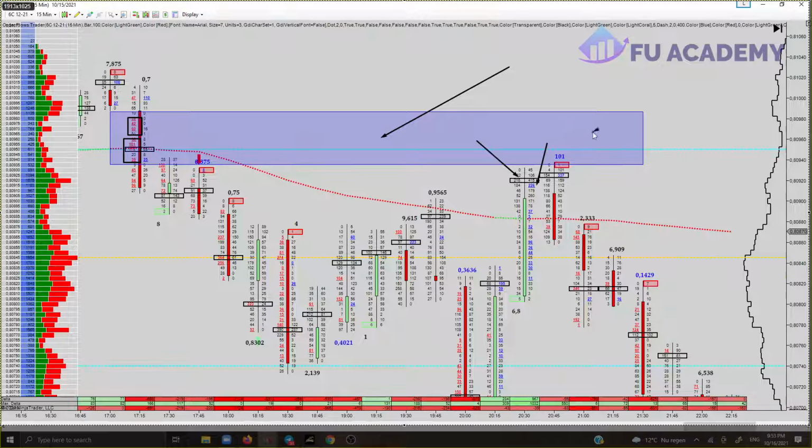Next candle we saw a blue ratio, which is saying sellers are defending their position, so sellers are still strong. Single print means buyers are exhausted. And we saw one more big lot of buyers getting trapped, 337 buyers again got trapped here. Buyers tried to push the market up, but they could not because the candle closed bearish.